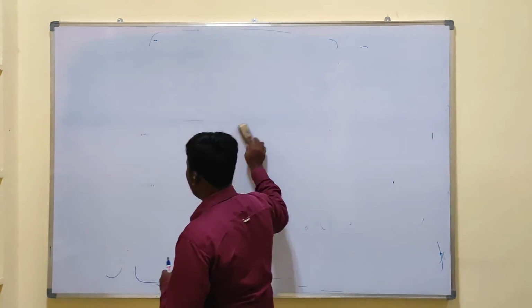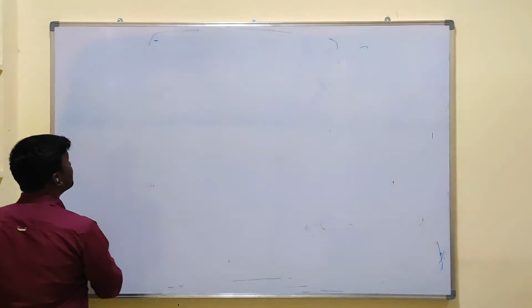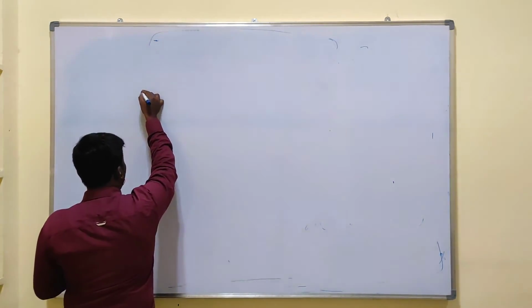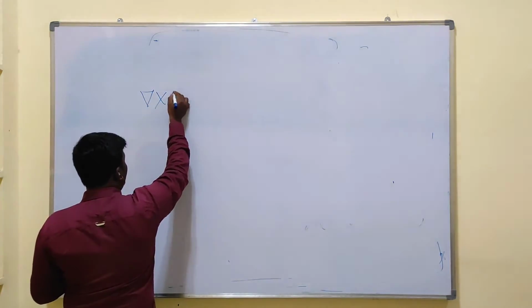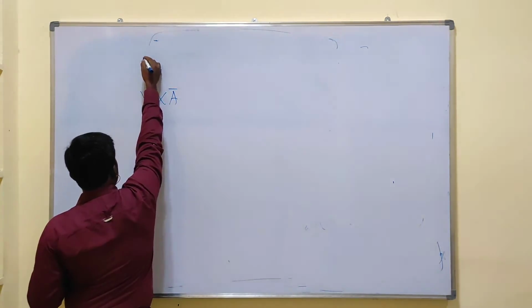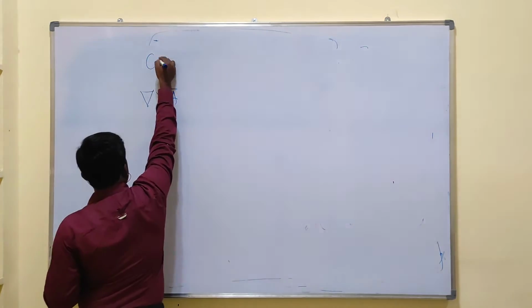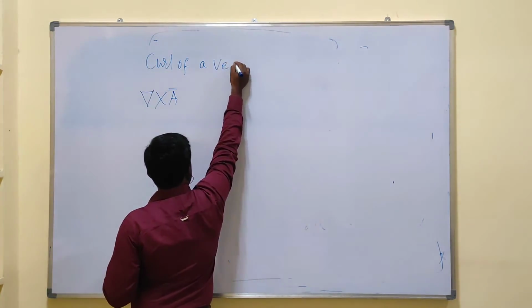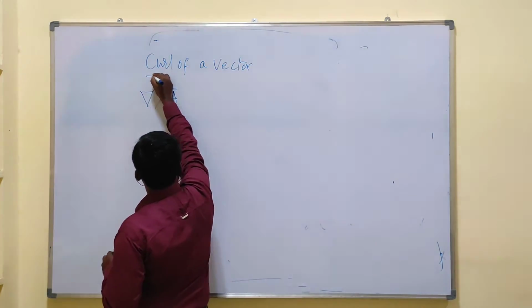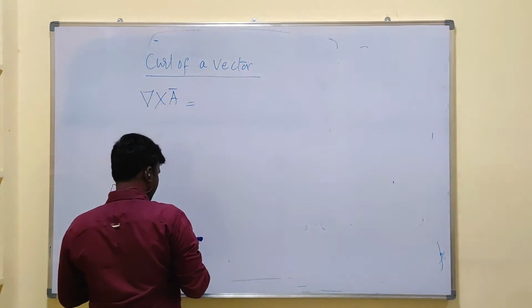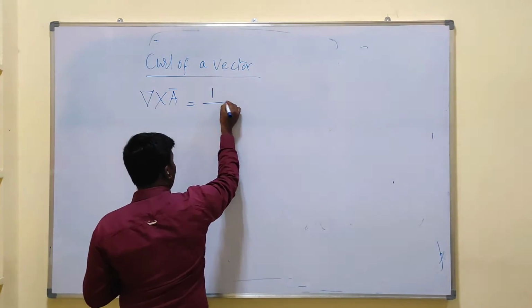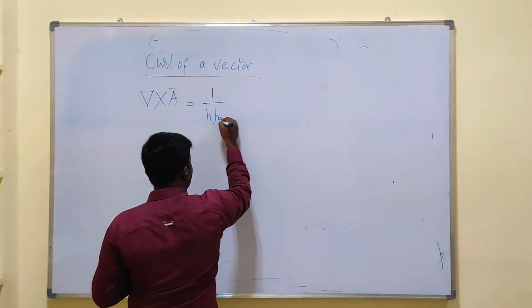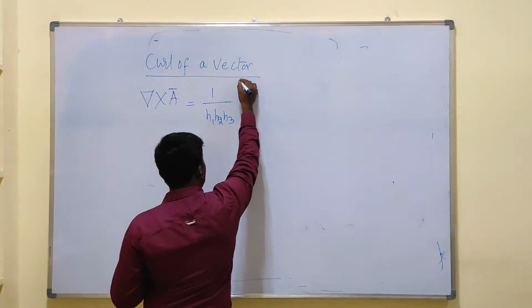Okay? Now, move on to what? That is curl of a vector. If vector A is like this, the curl of a vector is given by this. Then proceed. Again, the formula 1 by H1, H2, H3.